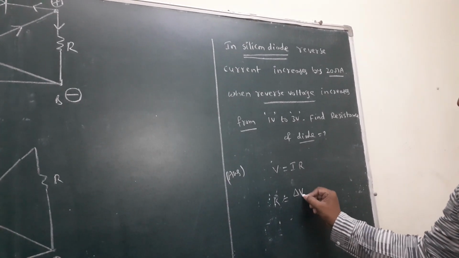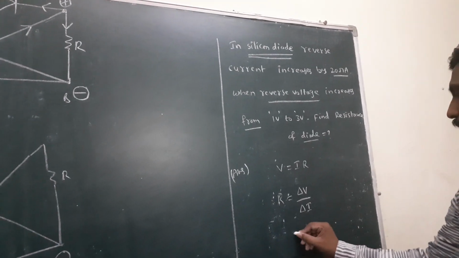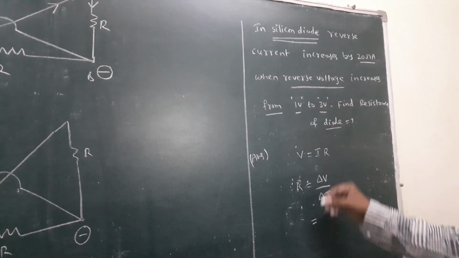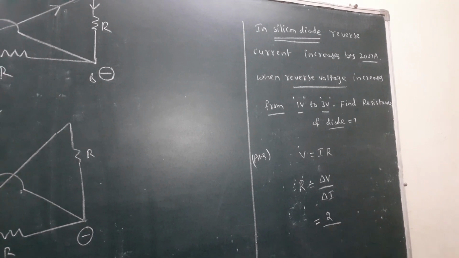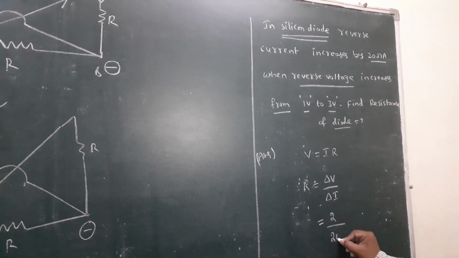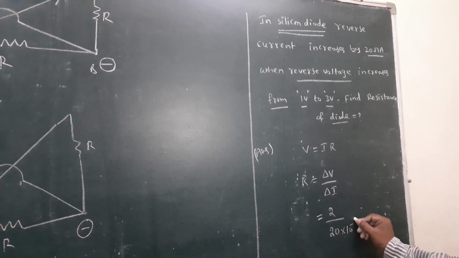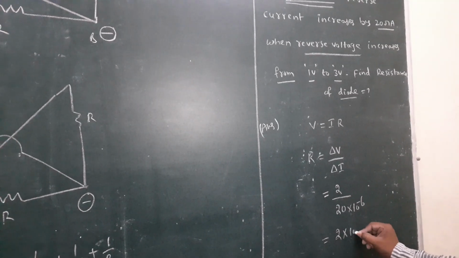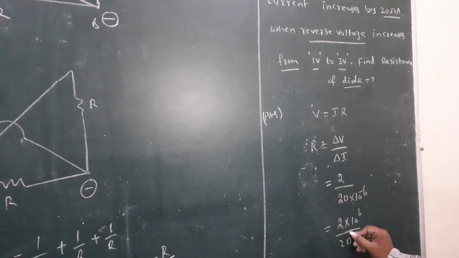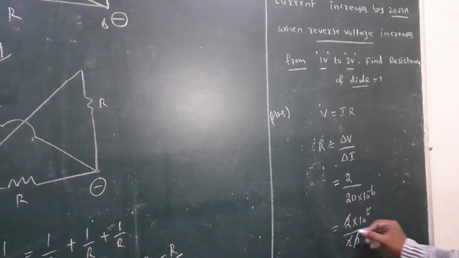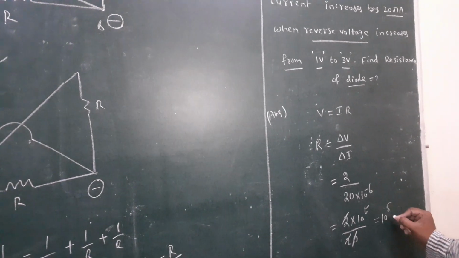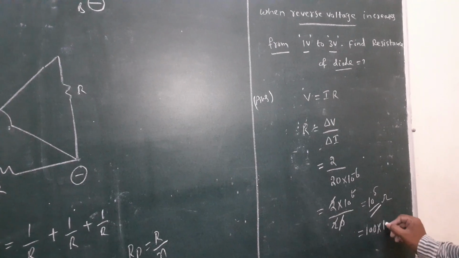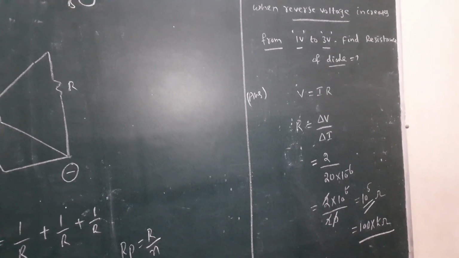V by I, that means delta V by delta I. Delta V, the change in voltage, is 1 volt to 3 volt, a difference of 2 volt, divided by the change in current, directly given as 20 micro, which means 20 into 10 power minus 6. Taking it above, we get 2 into 10 power plus 6 by 20. The 1 0 and 1 0 cancel, 2 and 2 cancel. Finally we get 10 power 5 ohms. 10 power 3 ohms is written as kilo ohm, so it is 100 kilo ohm. Okay. Next problem.